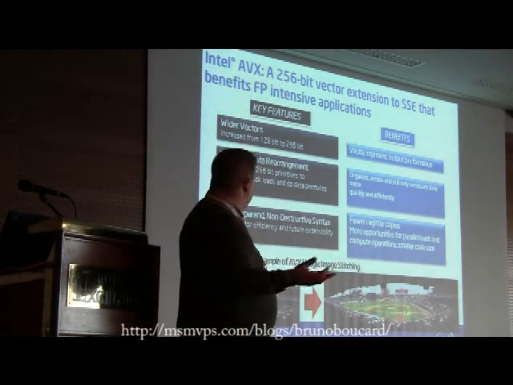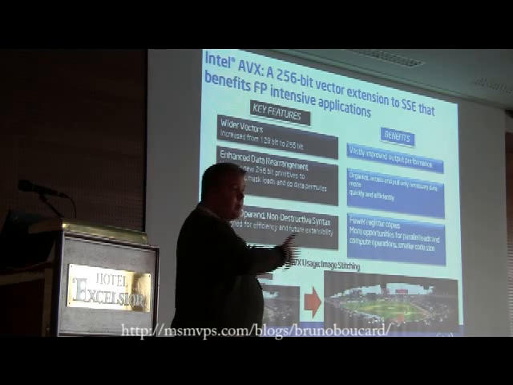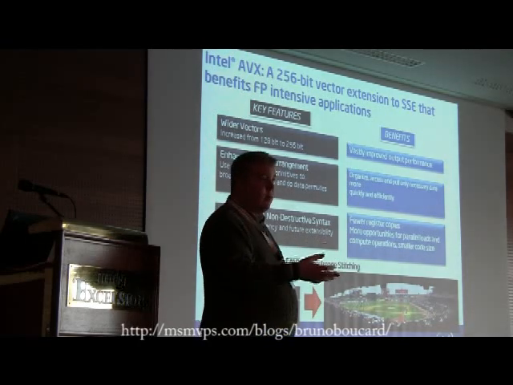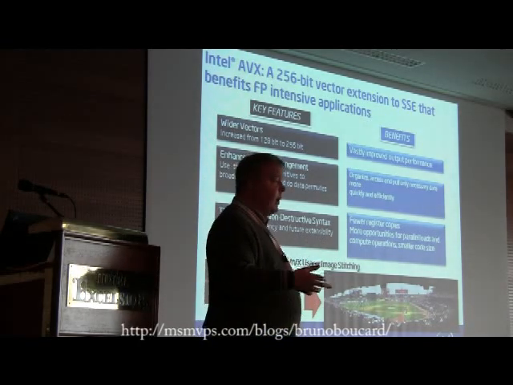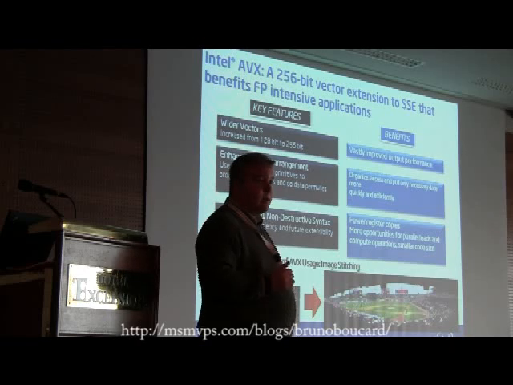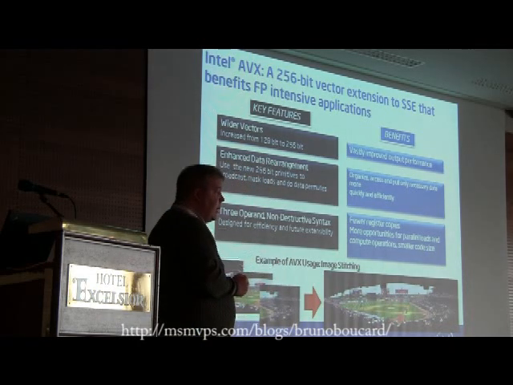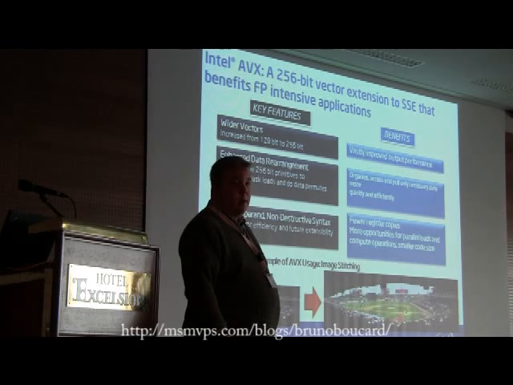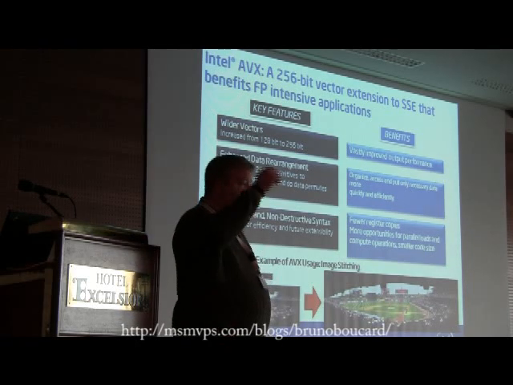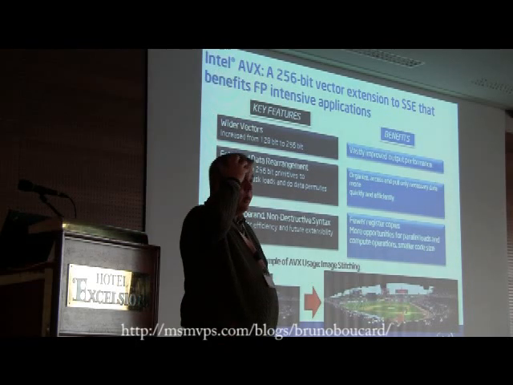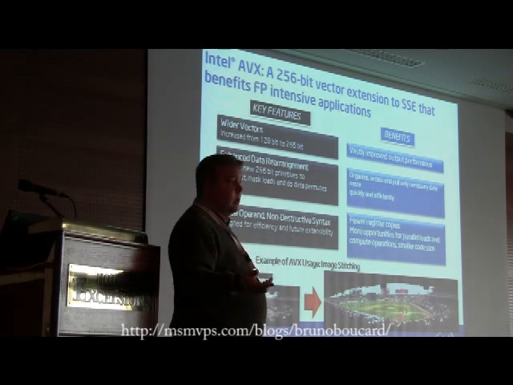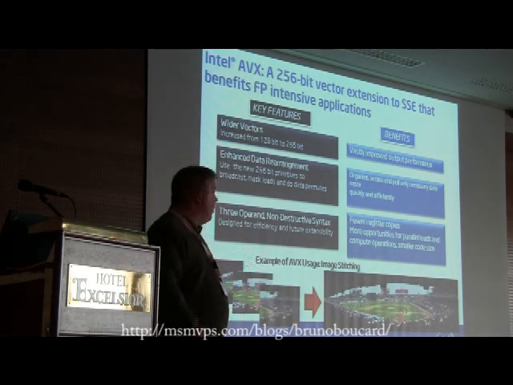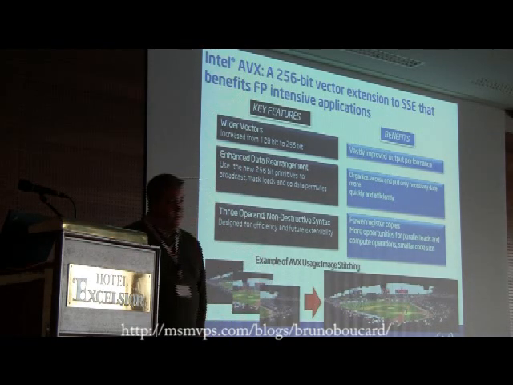Now, you're not going to get a perfect 2x speedup because of other things like getting the data into the CPU, memory bandwidth, your particular algorithm, etc. But we've seen anywhere from 1.2 to 1.5x improvement in performance by using AVX. And I think this afternoon you actually have somebody coming to talk about their experience with AVX in their commercial software. Okay?